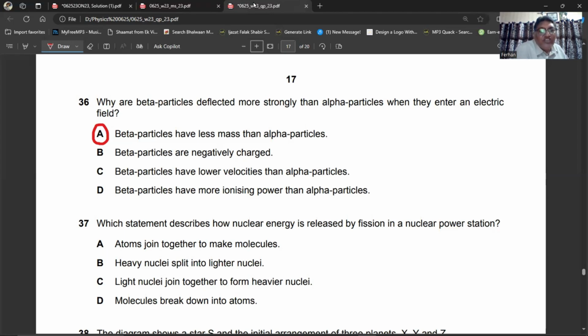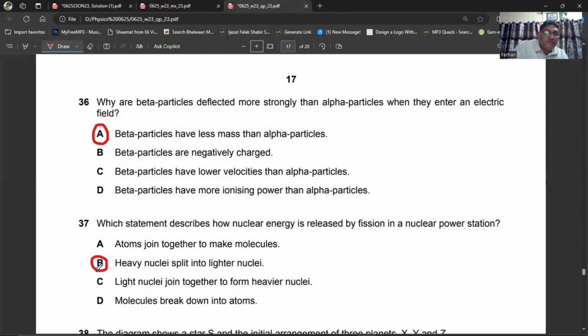Okay, question number 37. Which statement describes how nuclear energy is released by fission in a nuclear power station? In fission, you bombard a nucleus with a neutron, and the nucleus splits into smaller nuclei. Atoms join together to make molecules? No. Heavy nuclei split into lighter nuclei?